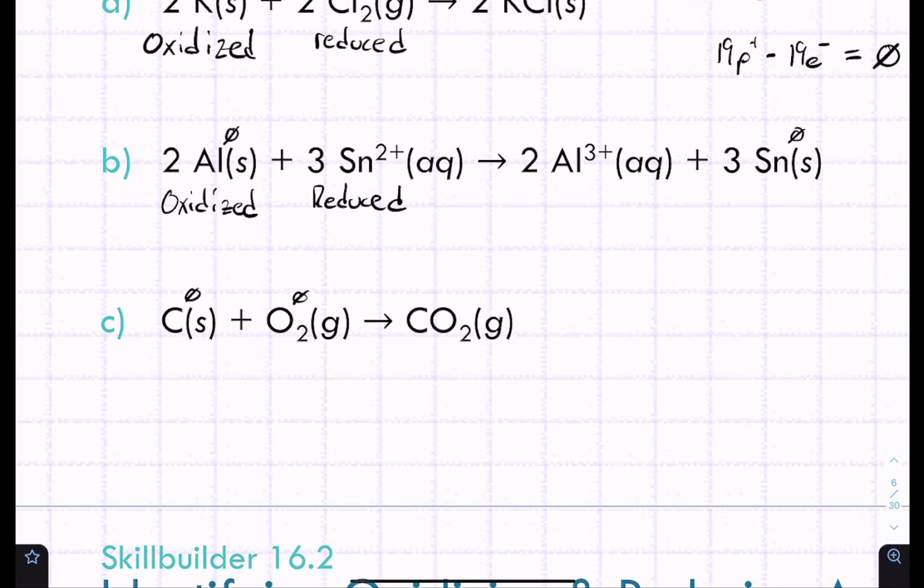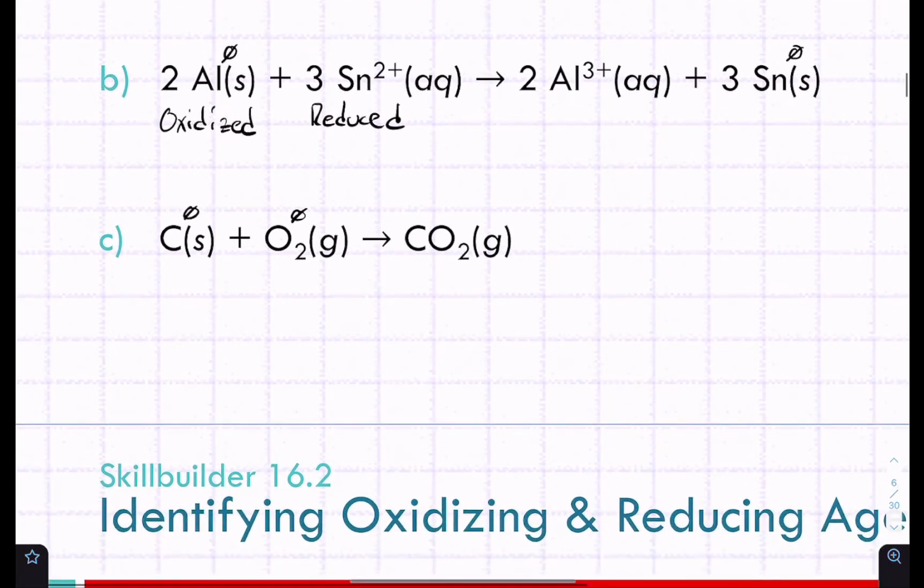But how do we tell what they are on this side? We haven't really talked about the tools you would need to figure out which one is being oxidized and which is being reduced, or what their oxidation states are in a molecular compound, because they're not bound together by swapping electrons, which is part of what we're going to cover today.